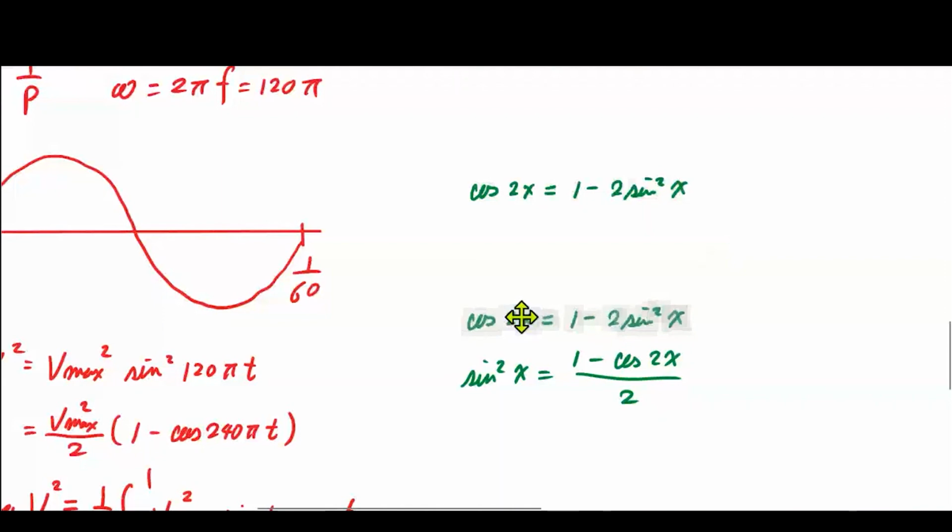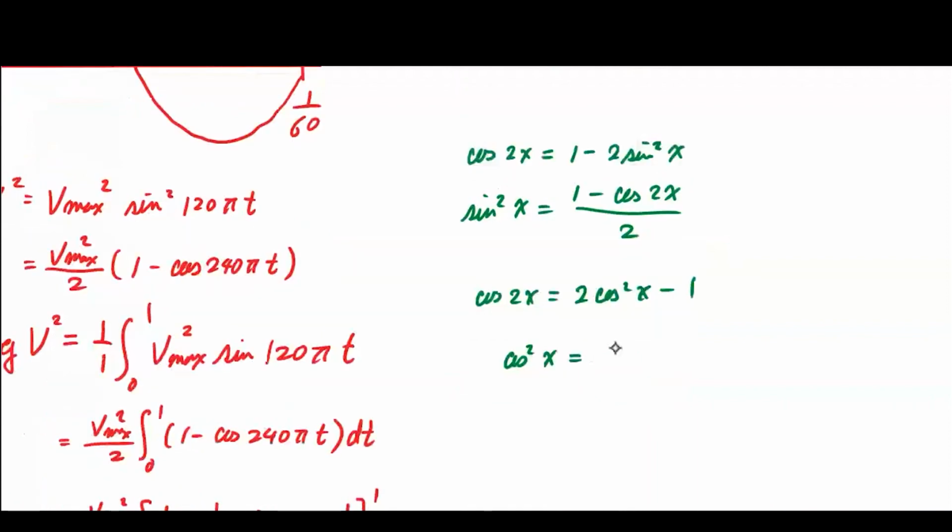Cosine 2x is equal to 2 cosine squared x minus 1. So if you want to know what cosine squared of x is, that's got to be 1 plus cosine 2x over 2. Okay? You're going to need to know these two on 5 different tests at least, I guarantee, because this happens so many times. Any other question?